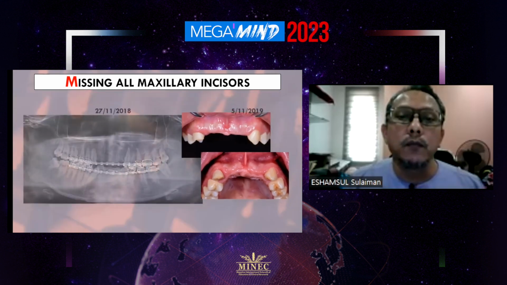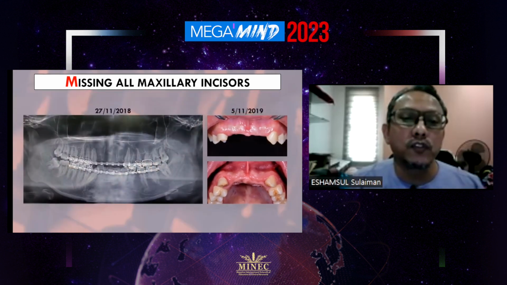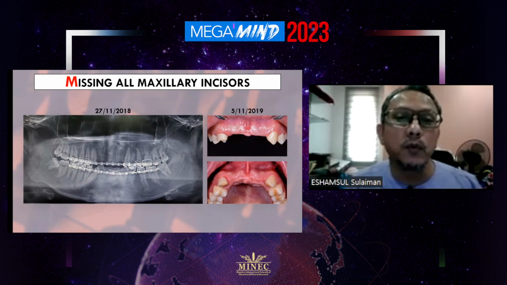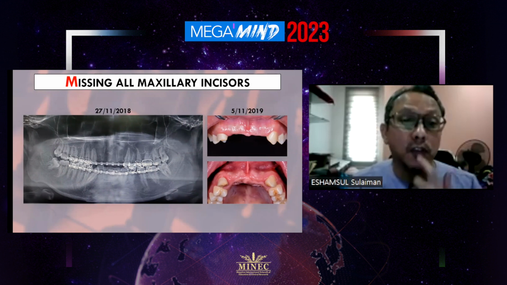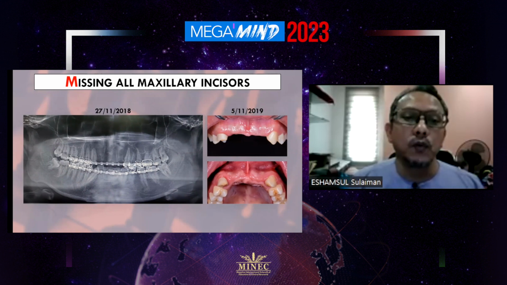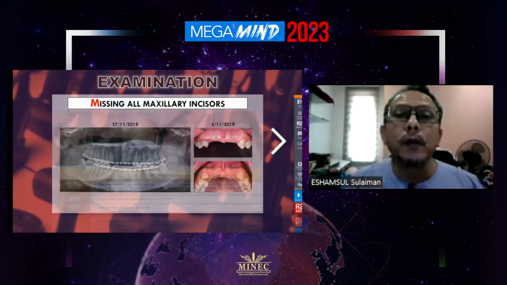And here, the OPG was taken. I don't have the OPG prior to implant, but this OPG was taken immediately after the fixation of the mandibular fractures in 2018, which shows all the maxillary incisors extracted.